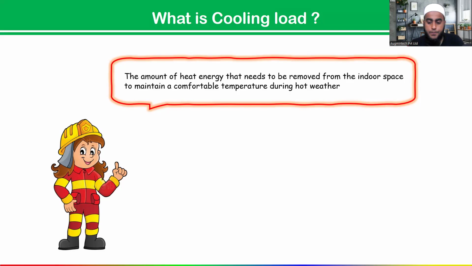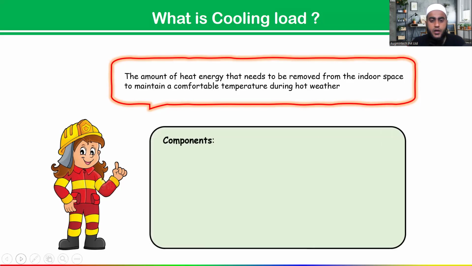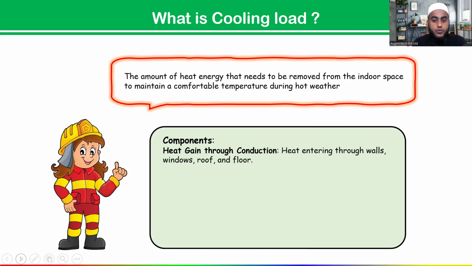So here, to get the cooling load value, first of all we need to calculate the heat gain value through conduction, means the heat entering through walls, window, roof and floor. We know that in hot climates or hot weather, outside temperature is high as compared to indoor, na?